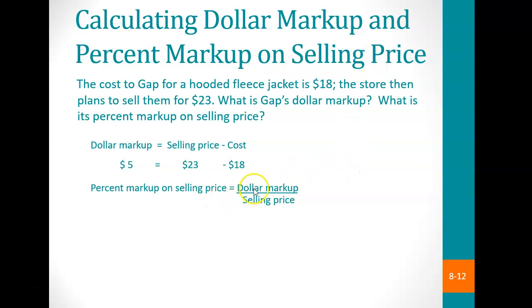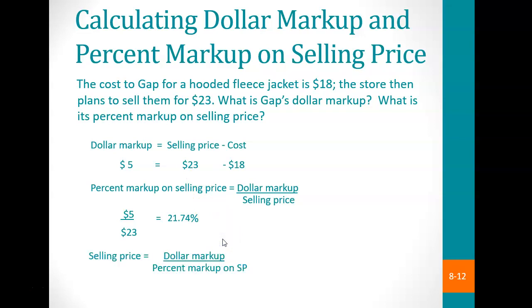So take $5, divide that by 23, that'll give you 21.74%. Therefore, we're saying the percent markup based upon the selling price is 21.74%. In other words, $5 represents 21.74% of the $23. You following everything?